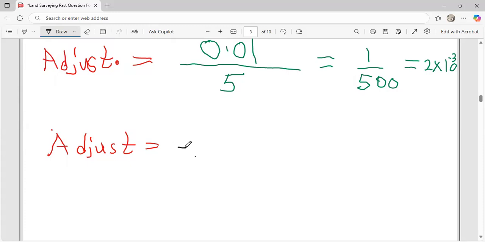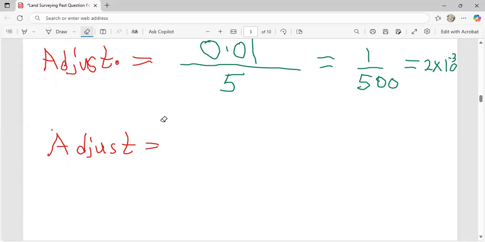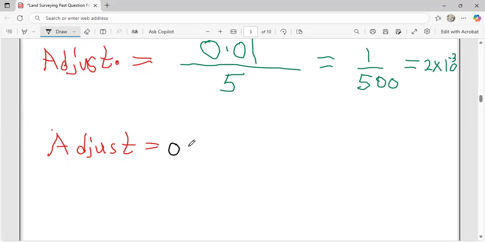Minus what? Or better still, your value is 0. It means 30 accompanies before the decimal places. Okay, 0 point what? 0.002. Okay, 3 zeros accompanies a number.